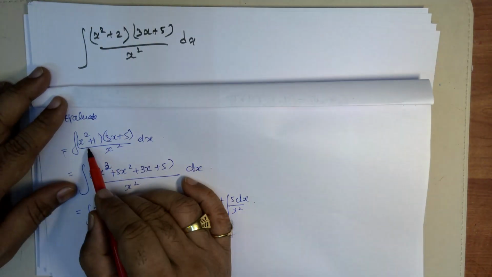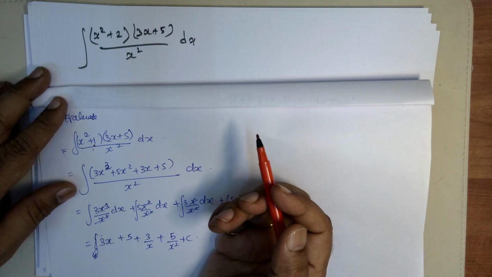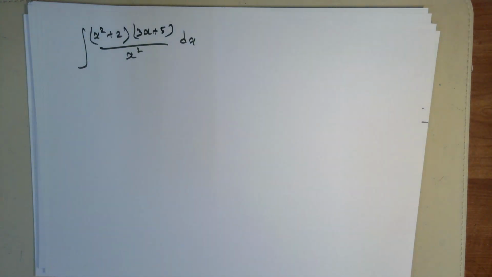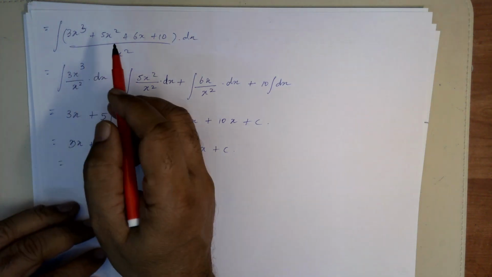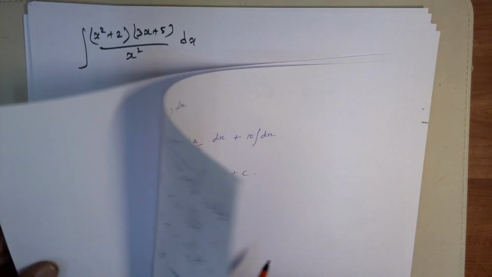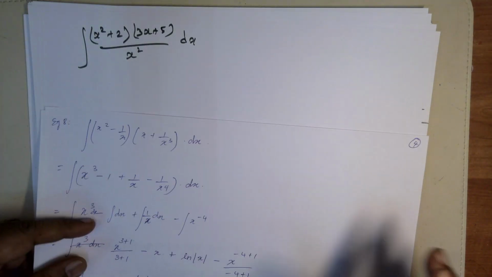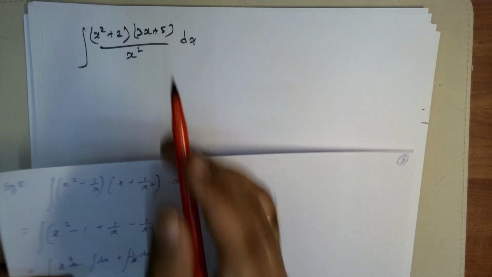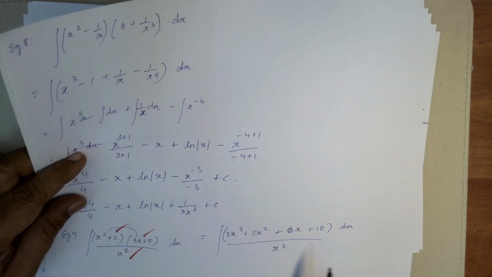Evaluate x squared plus, I said 2, you have put 1. Why? Do it. Sorry. x squared plus 2, x squared plus 2, 3x plus 5, 3x plus 5, x squared, x squared.